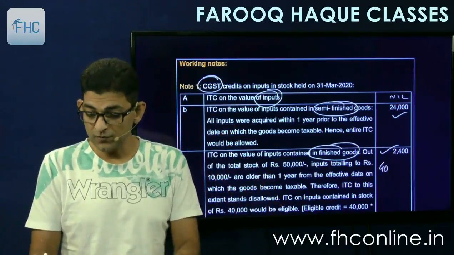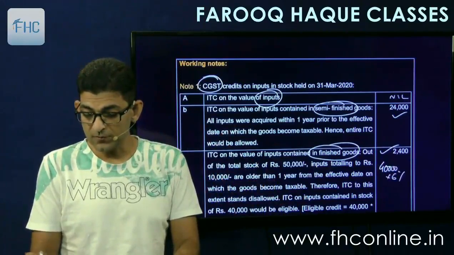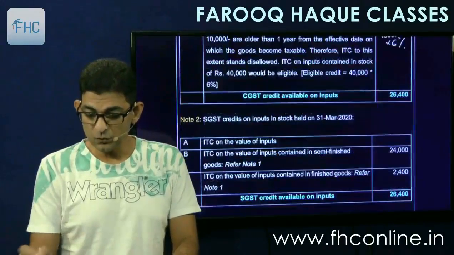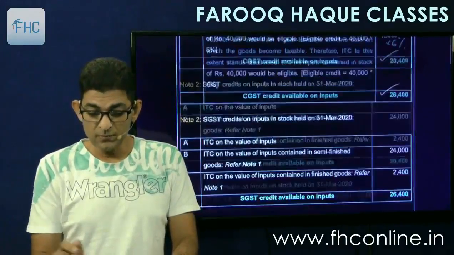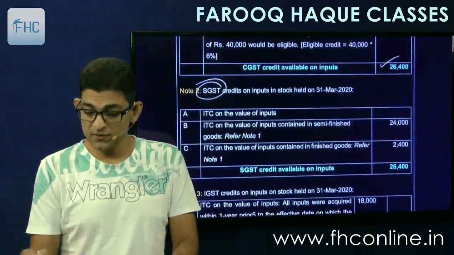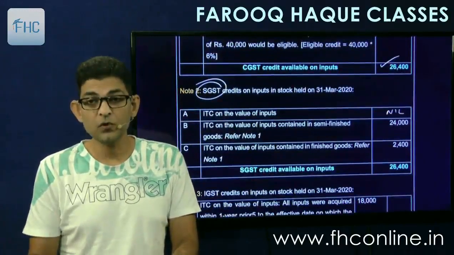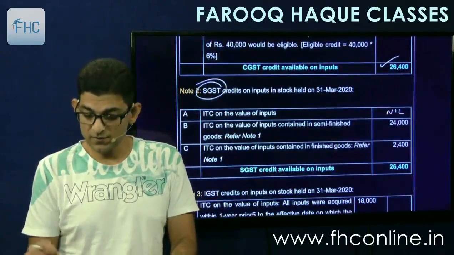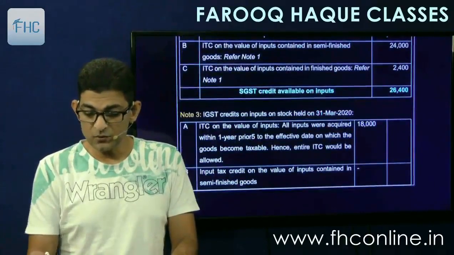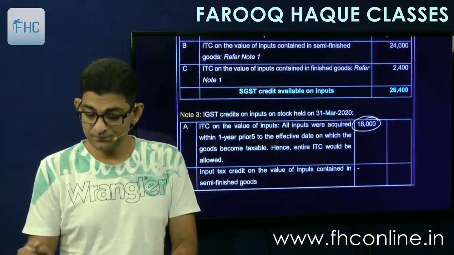So this is 40,000 into 6%. So total 26,400. Similarly, SGST on the same lines, nil, 24,000 and 2,400. And IGST you have got that 18,000.